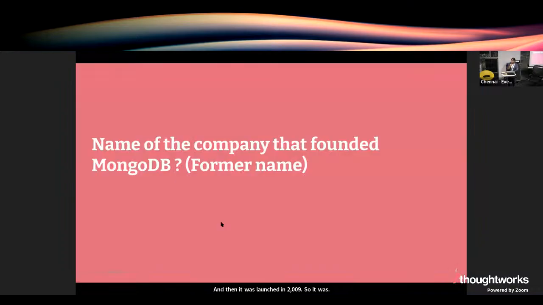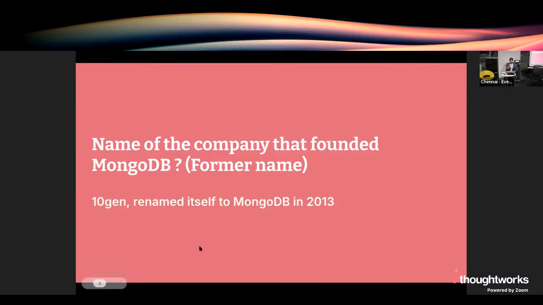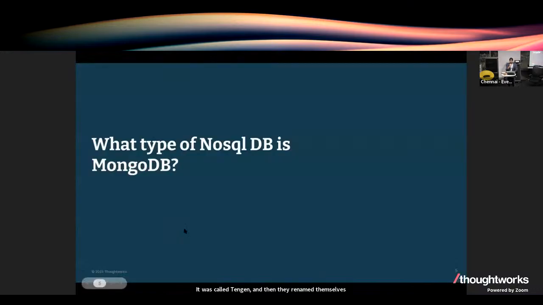So what was the name of the company that founded MongoDB, the former name? Okay. It was called 10gen, and then they renamed themselves to MongoDB later in 2013. And what type of NoSQL database is MongoDB? This is fairly easy to answer.